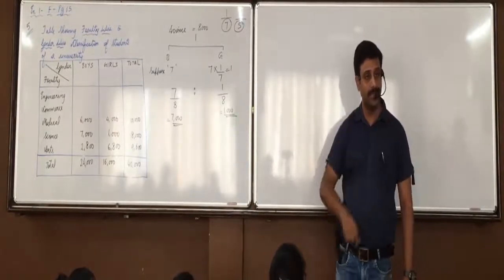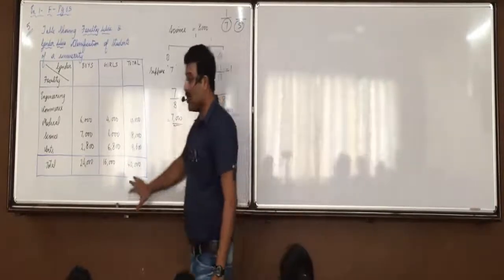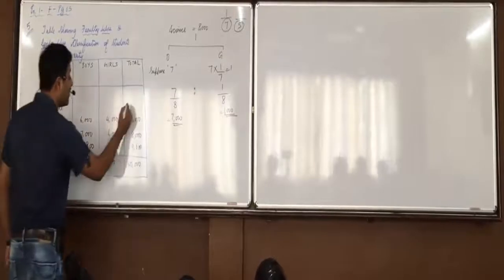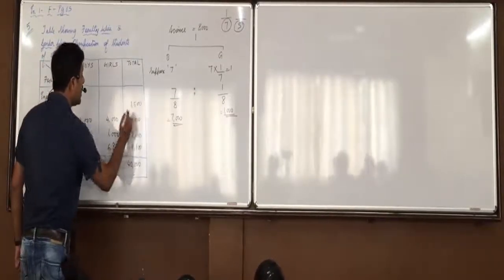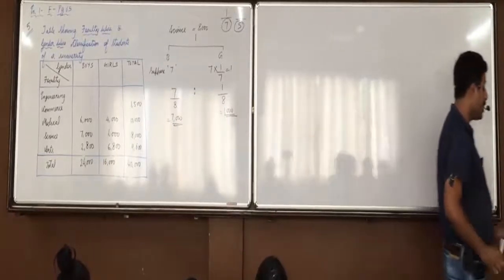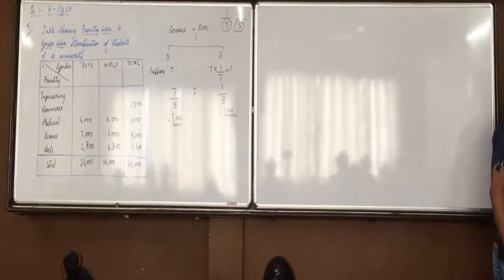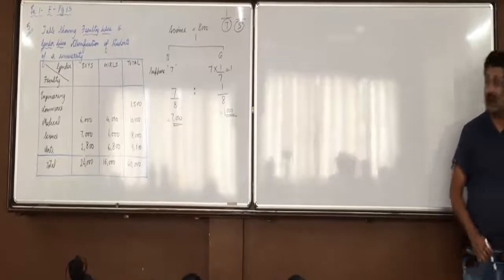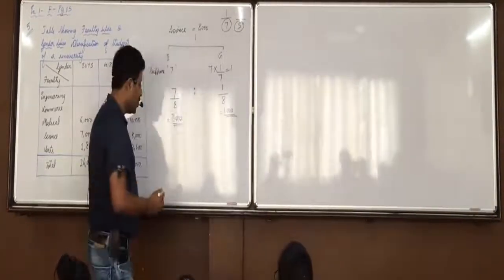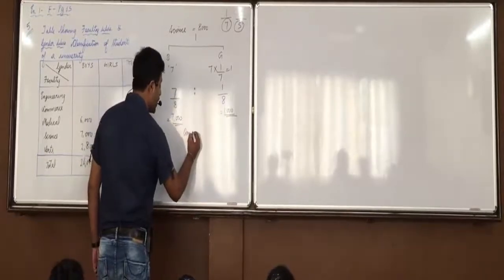Yes, do it 40,000 into 3.75%. Do you get 1,500? Yes. They say they are the total number of students of commerce faculty. Any confusion? Now further, the proportion of boys and girls among them was 3:7. Now we are clear with the proportion. So commerce, show the calculations.